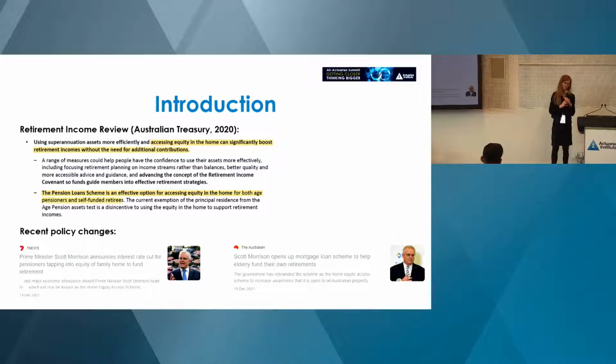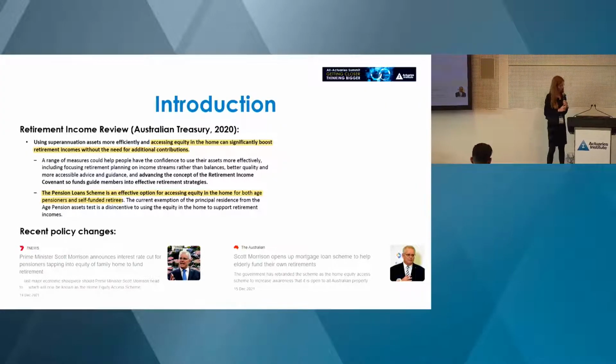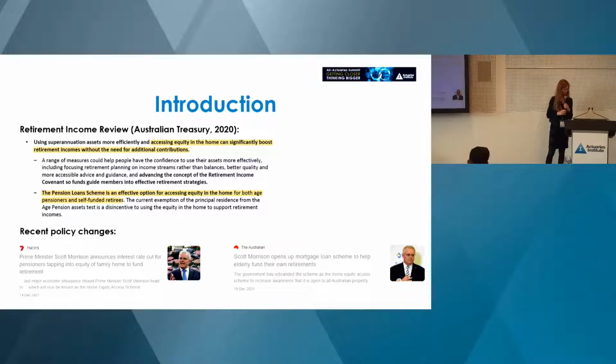Then last year in the budget, it was announced that from July this year, people can take out some amount in advance. The interest rate was lowered twice: in January 2020 from 5.2% to 4.5%, and then again this January to just under 4%.